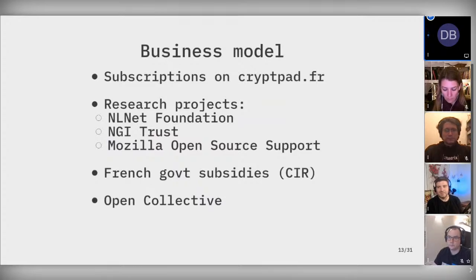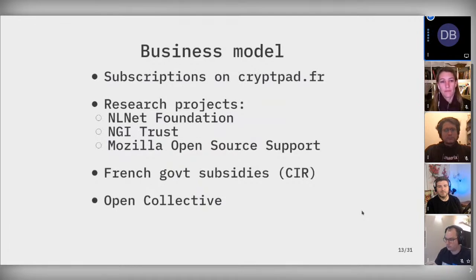Research projects for specific features and improvements. These have mainly been from EU funding so far, so people like Internet Foundation, NGI Trust, and also recently Mozilla Open Source Support.